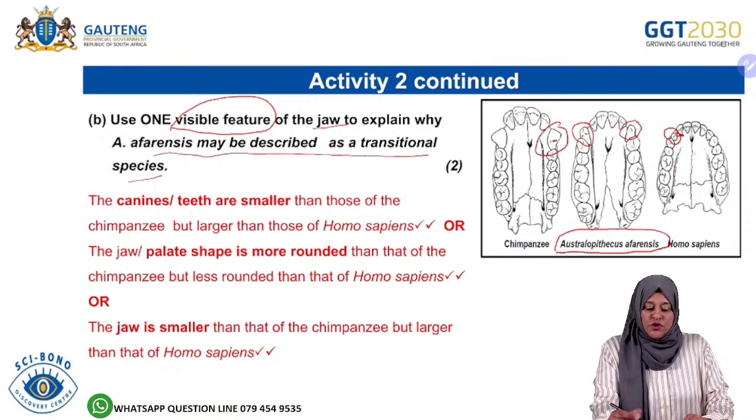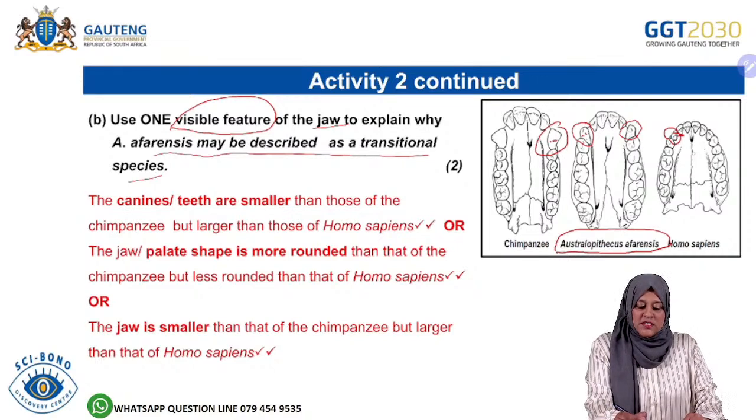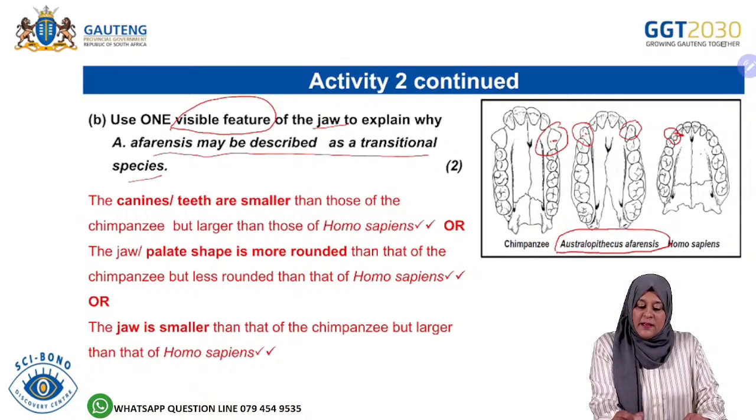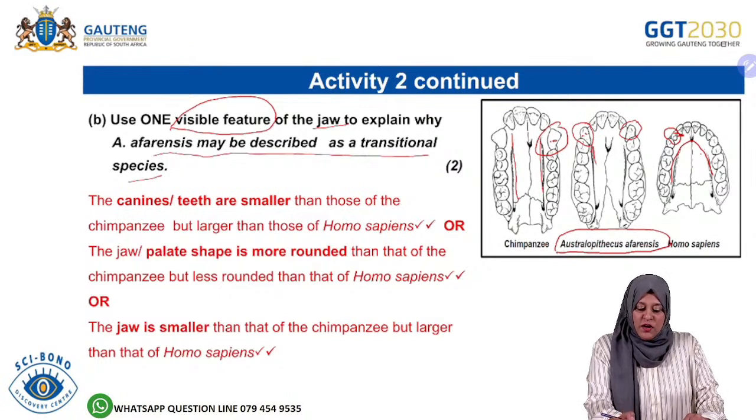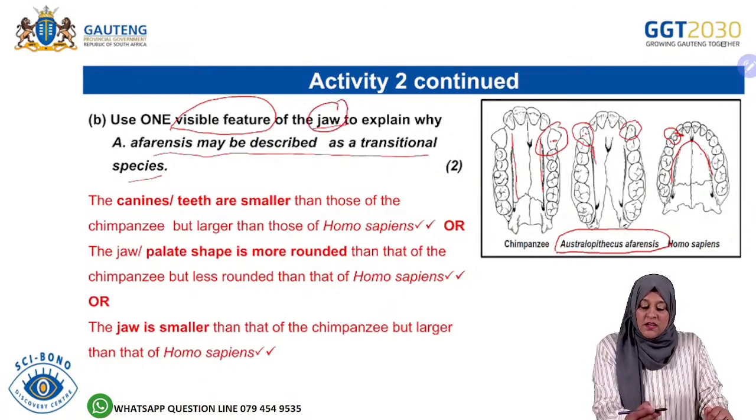Or you could say the jaw or palate is more rounded than that of the chimpanzee and less rounded than the Homo sapiens. See, this is a little bit more rounded, and this one is more rounded there. You could also say the jaw is smaller than that of the chimpanzee, but larger than the Homo sapiens. So it's just 2 marks, but we're giving you what you could possibly say in relation to the jaw.